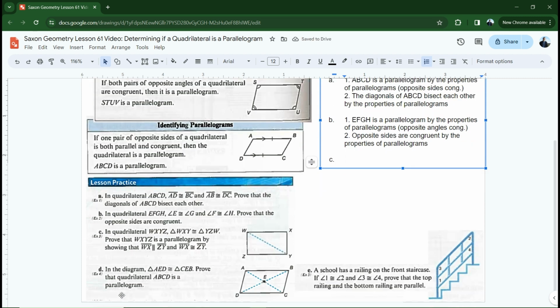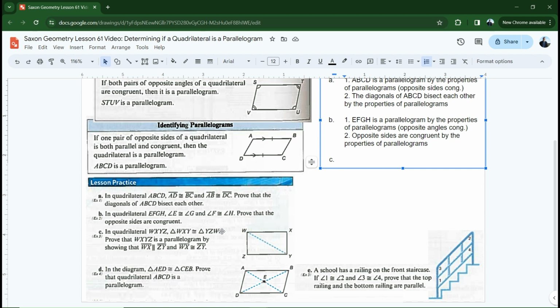In letter C, we have quadrilateral WXYZ, and we have two triangles. We draw one of the diagonals here, and we split it into two triangles, and it's given. Okay, so I would again state given triangle WXY is congruent to triangle YZW.